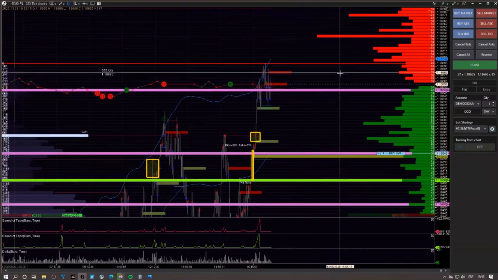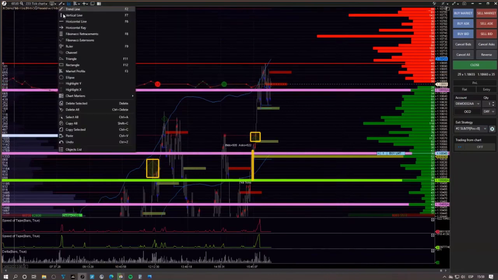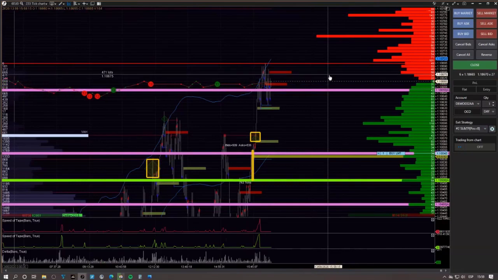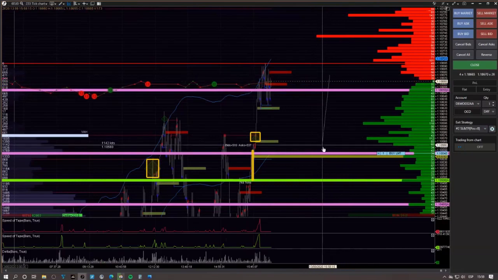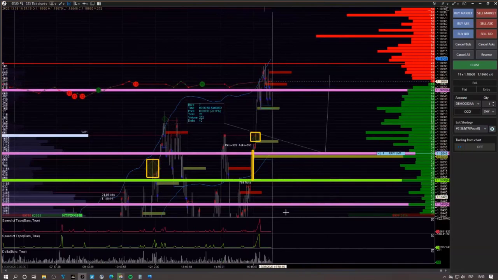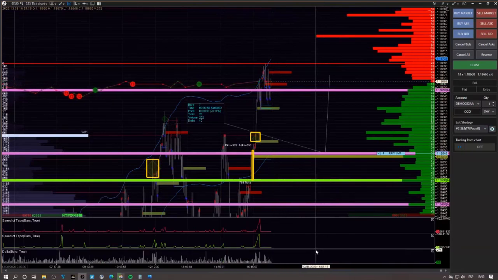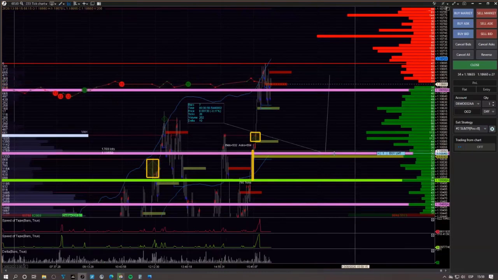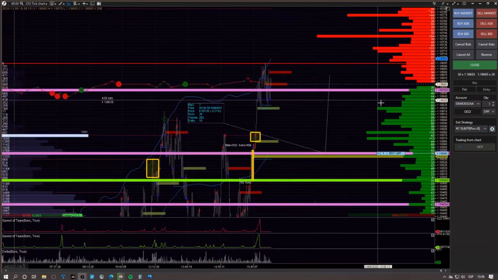Let me see, probably around here. Let me put the ruler so we can see how many ticks. It's 26 ticks of movement, which is a nice trade if it happens.